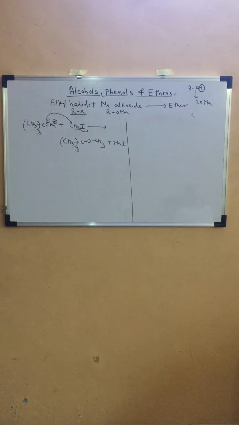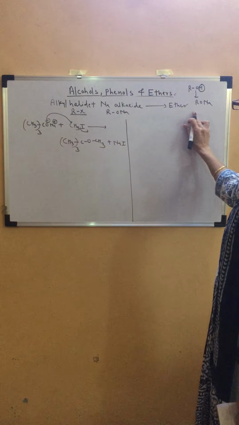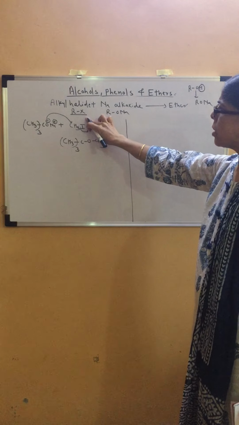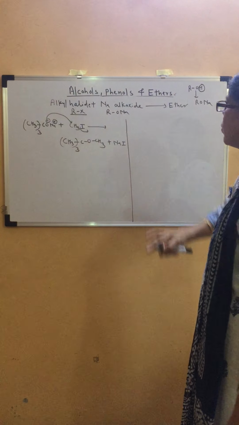Okay. Now, if we have the opposite combination, meaning alkyl halide is tertiary and sodium alkoxide is primary, then what will happen?